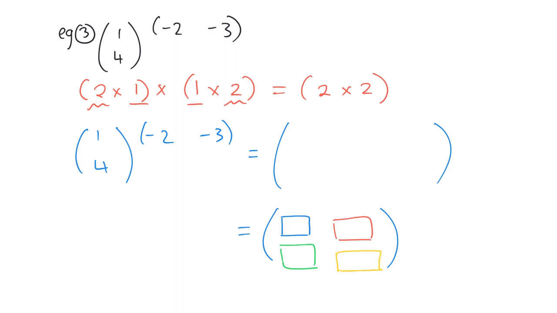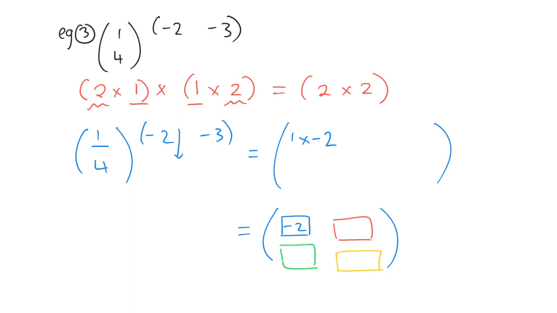Okay, so our first number then, the blue square, it's in the first row and the first column. So we multiply the first row of the first one by the first column of the second one. So that's 1 by minus 2, which gives us minus 2.